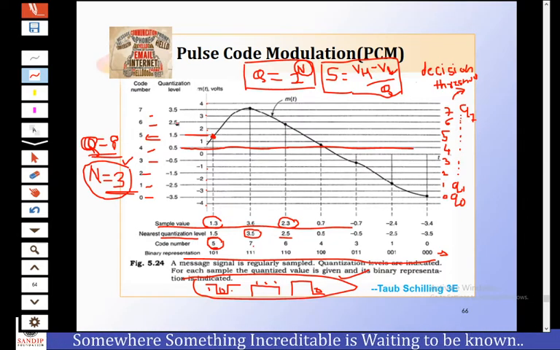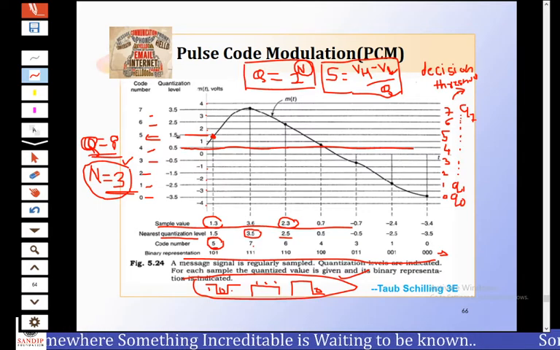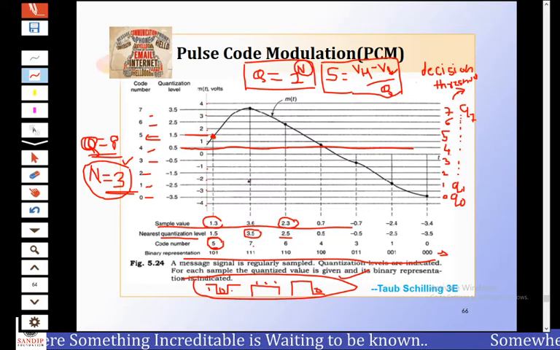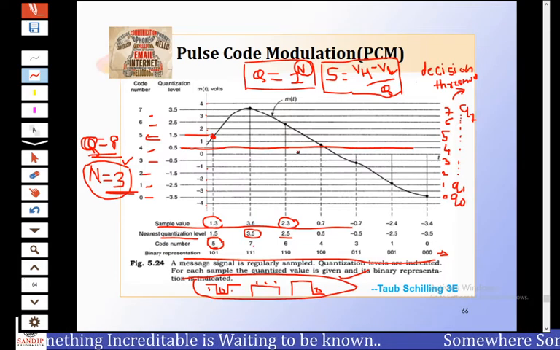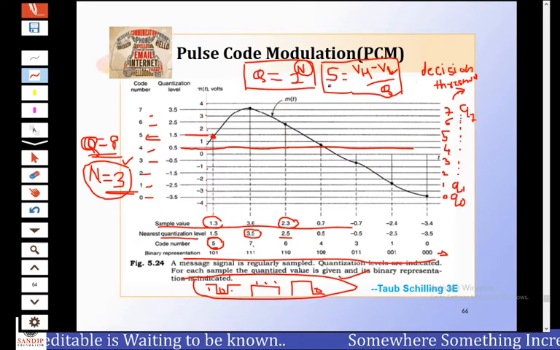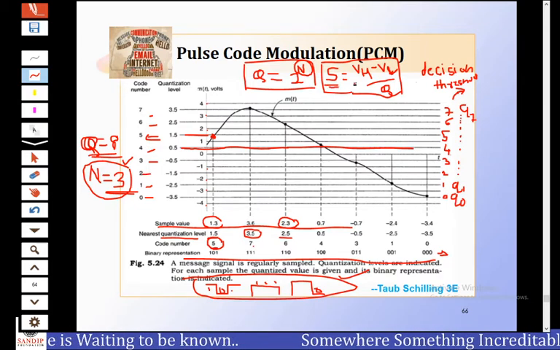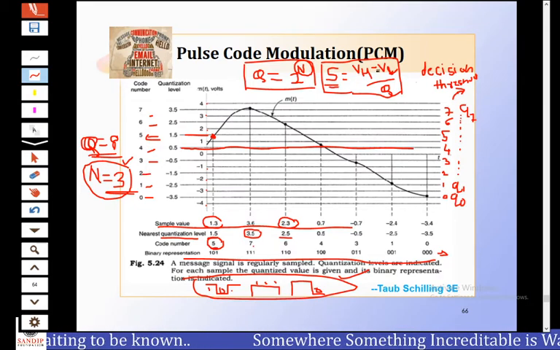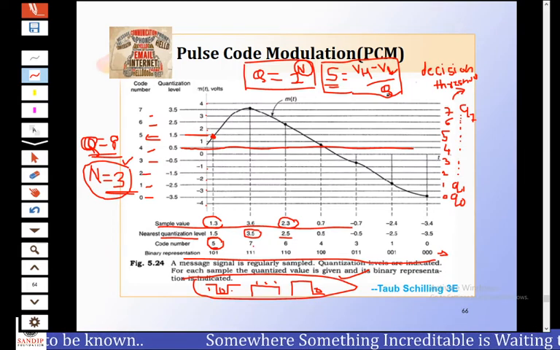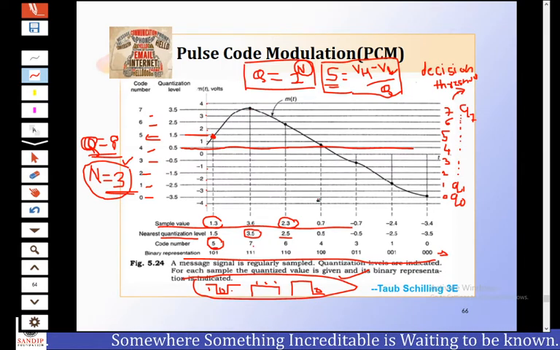From this we need to calculate the step size of the analog signal. Divided into the number of steps, we need to calculate the step size, which is represented by S. The formula is high voltage level minus low voltage level, divided by the number of levels. Here the peak to peak voltage level is 4 to -4.